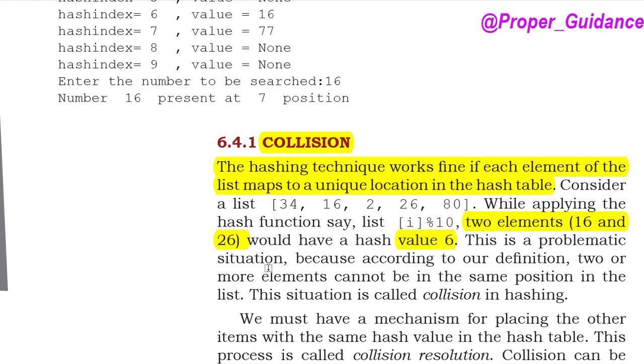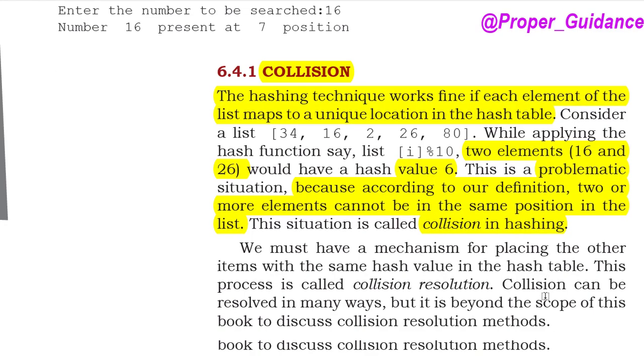This is a problematic situation because both the hash values are 6 here. Now we have to write down the element because according to our definition, two or more elements cannot be in the same position in the list. This situation is called collision in hashing.